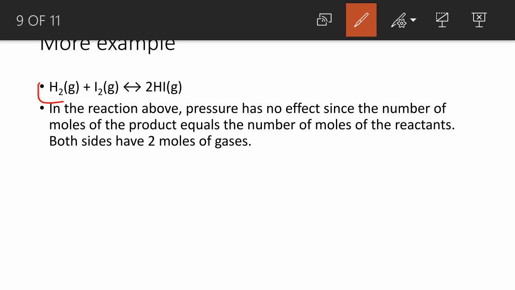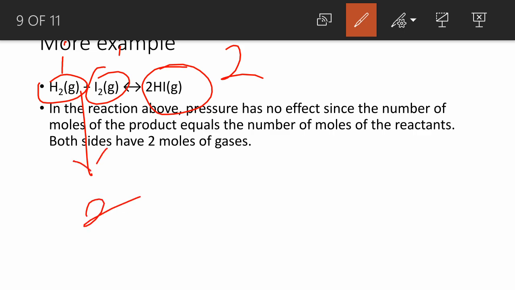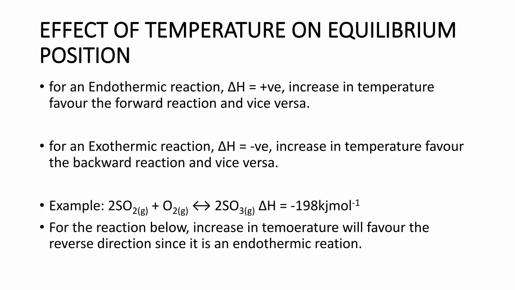We can see that the number of moles of hydrogen here is 1. The number of moles of iodine here is 1. The number of moles of HI here is 2. So if I add that of hydrogen and iodine, I'm going to get 2. So left-hand side is 2, right-hand side is 2, making it equal. What does that mean? Pressure has no effect because both sides have the same number of moles.